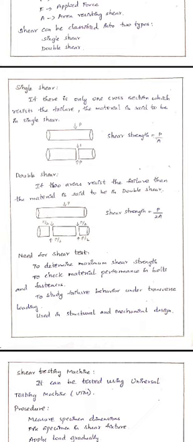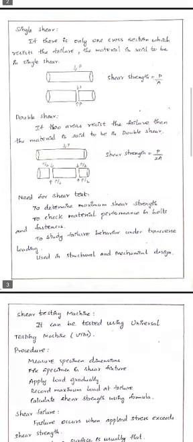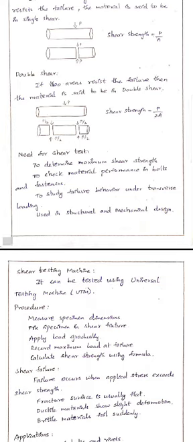We are coming to some more little basics of shear test, like the need for shear test. Why should we use a shear test? Shear test can be used to determine maximum shear strength and to check the material performance in bolts and fasteners. As I already said, a fastener is the material to join two different metals.